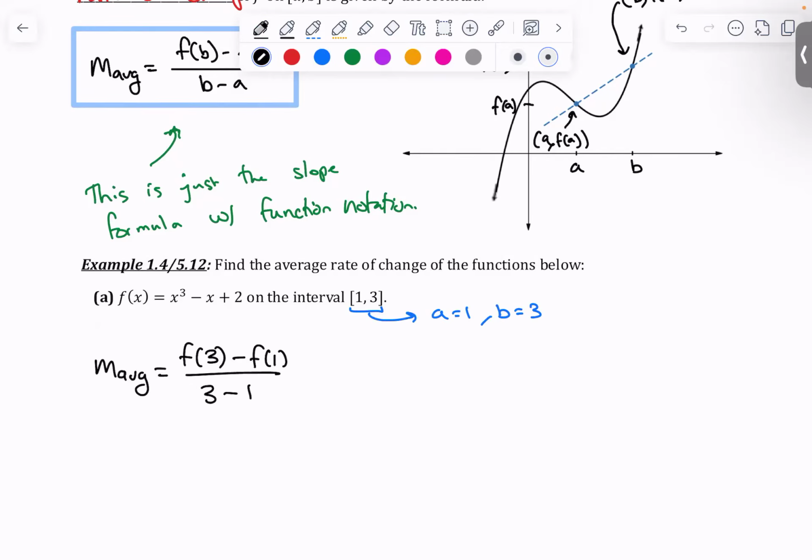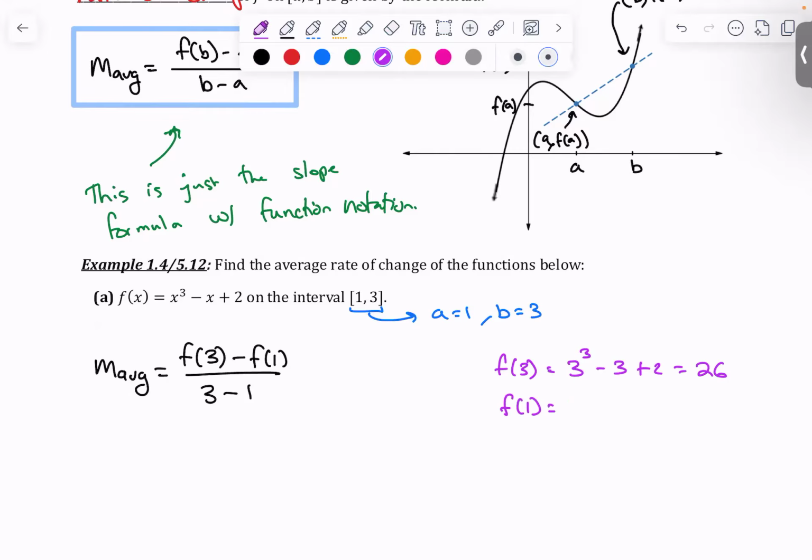So we can compute f of 3 and f of 1 off on the side, or we can compute it as we go along. I'm going to compute it on the side because I don't trust myself to do this math with all the parentheses and stuff carefully. f of 3 is 3 cubed minus 3 plus 2. That'll be 27 minus 1 is 26. And f of 1 would be 1 cubed minus 1 plus 2.